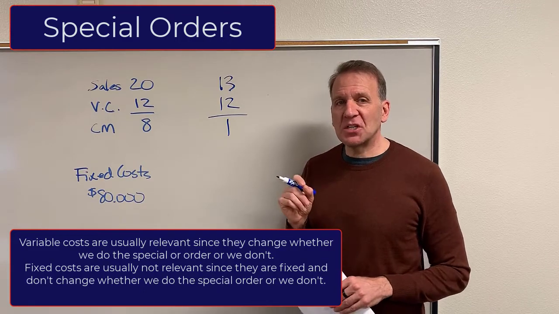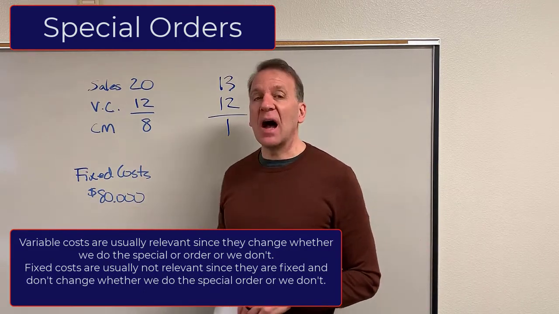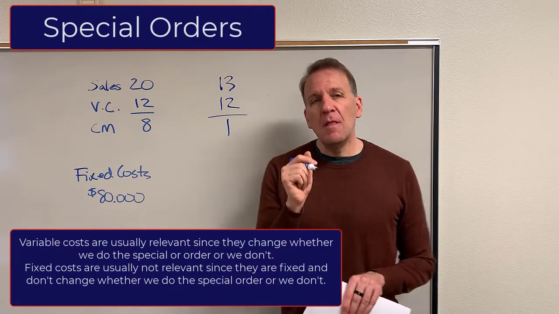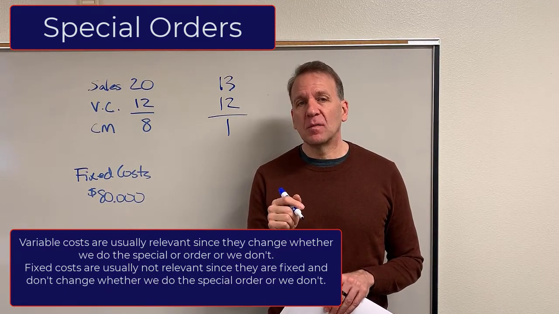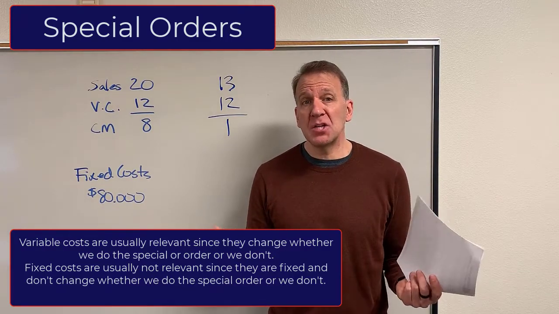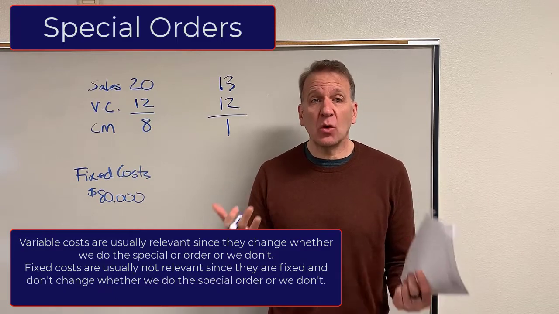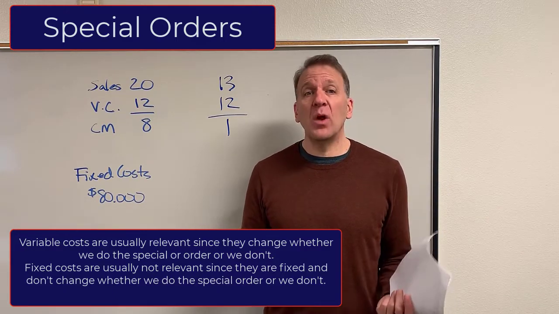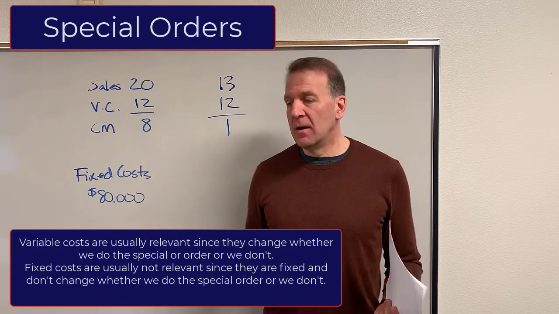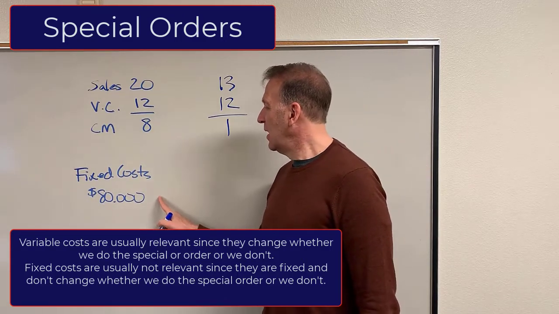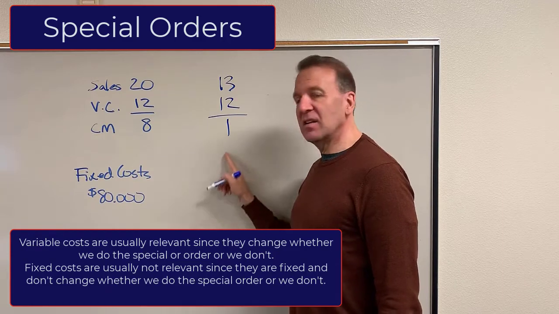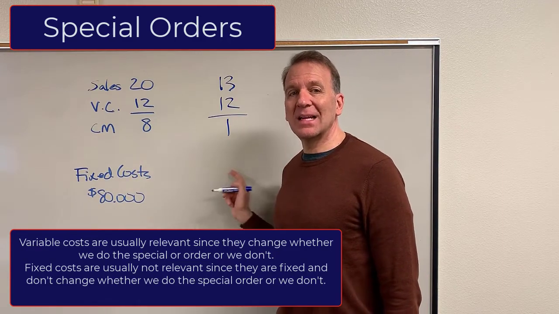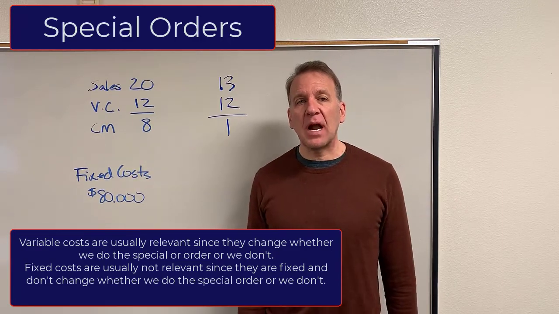The next question is, what happens with our fixed costs? If you think about it, fixed costs usually are fixed in nature, meaning they're not going to change whether we do this or we don't do this. So it's not relevant to our decision. We're not going to factor that in because it's not going to change the profitability.